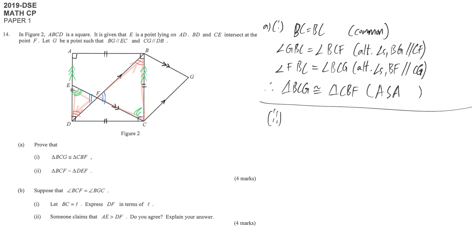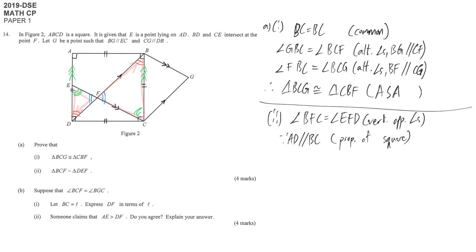So we are now going to write down the reasons. First, angle BFC is equal to angle EFD. The reason is vertically opposite angles. After that, since AD is parallel to BC, the reason is the property of a square. Therefore, we know 2 findings.